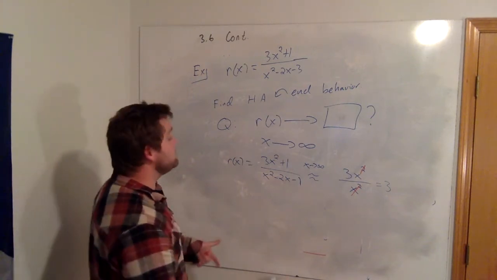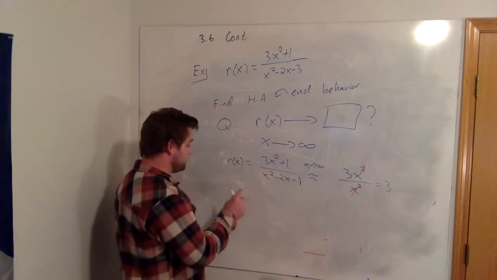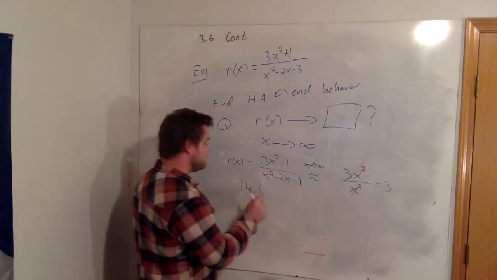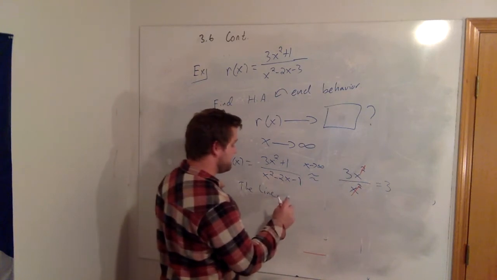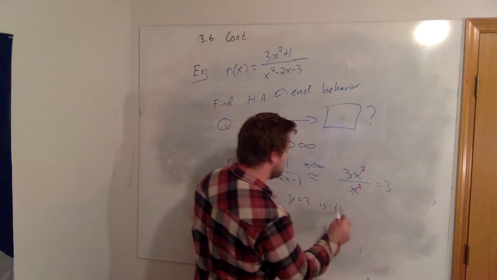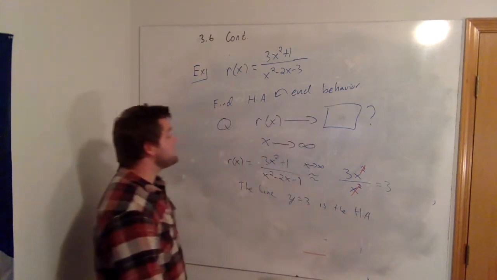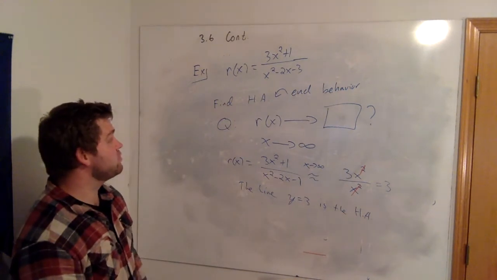So that is the horizontal asymptote. The line y equals 3 is the horizontal asymptote. Okay, so now we know a lot of features about this graph.